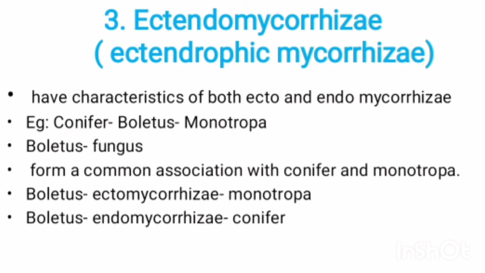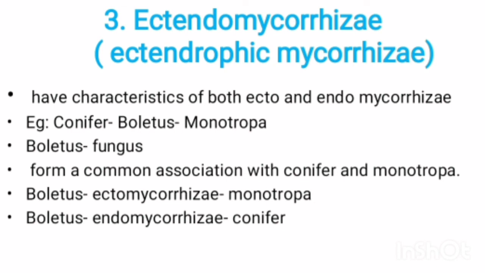The best example for Ectendomycorrhizae is the conifer-Boletus-Monotropa relation. A fungus called Boletus forms a common association between the conifer and Monotropa, though the nature of the association differs with the two plants.